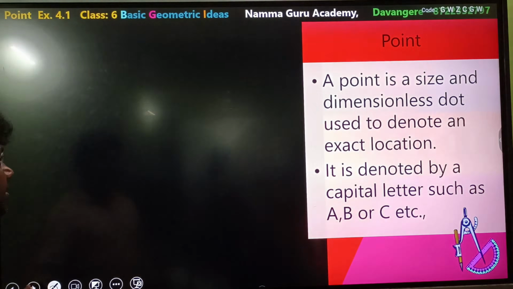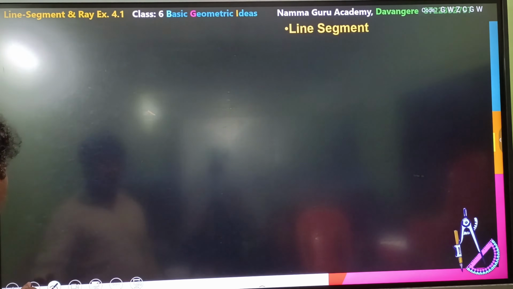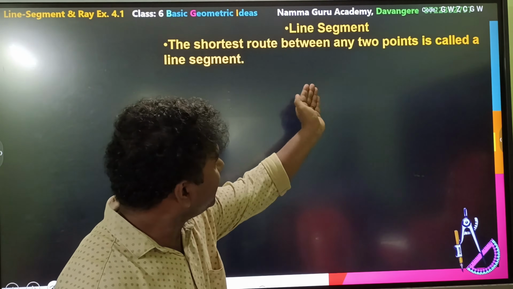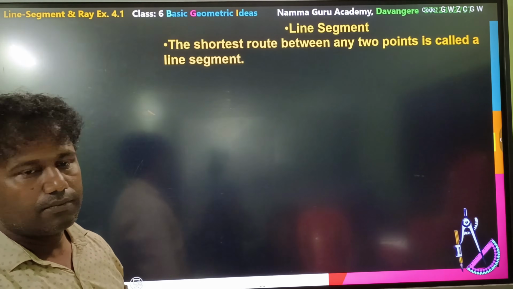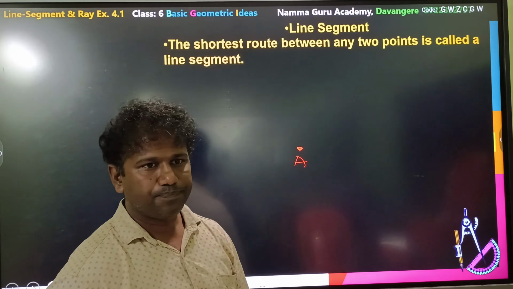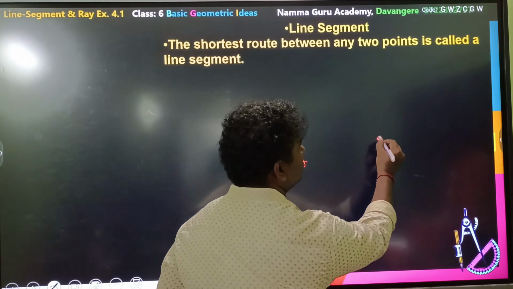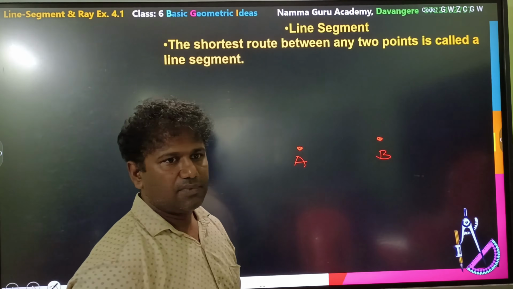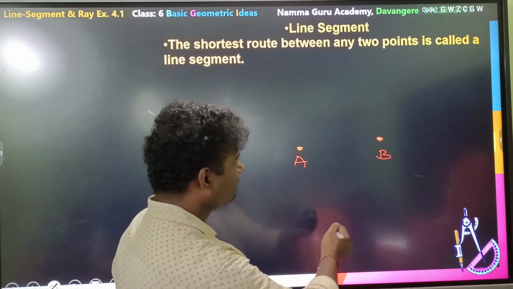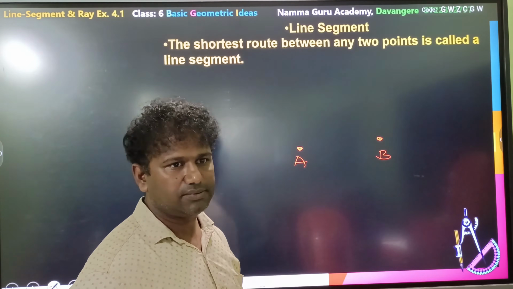Now we shall go for the third basic concept, that is line segment. What is a line segment? A line segment is the shortest route between any two points. Here, consider this as point A, this as point B. A is Amma's house, mother's house. B is brother's house.